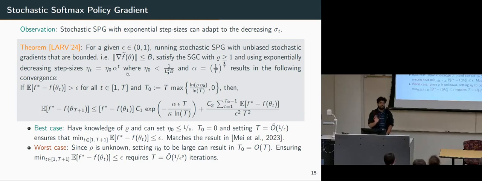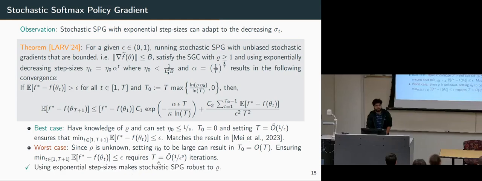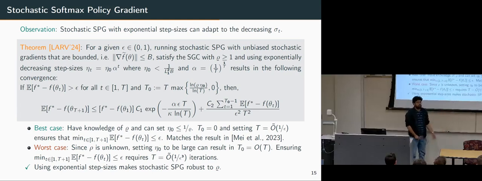If you set eta 0 to something large, initially you won't converge at this fast rate, but overall you can converge at a 1 over epsilon cube rate. So in this sense, using these exponential step sizes makes stochastic SPG robust to this choice of rho.